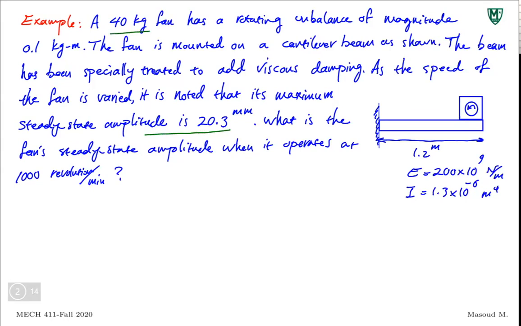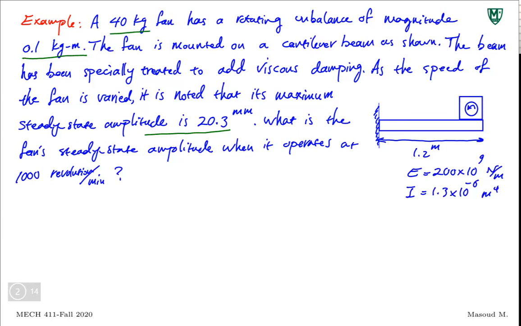This is the weight of the fan. And let's take a look at this 0.1 kilogram meter. It's mentioned that this is the magnitude of the rotating unbalance. Looking at the unit, it's kilogram meter.